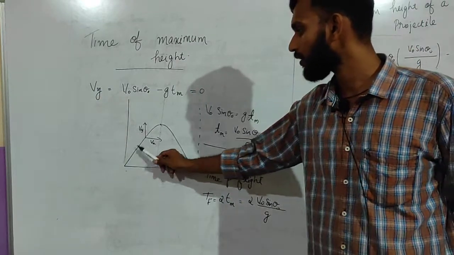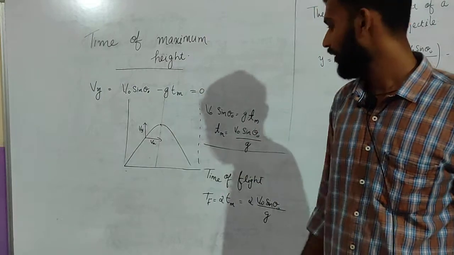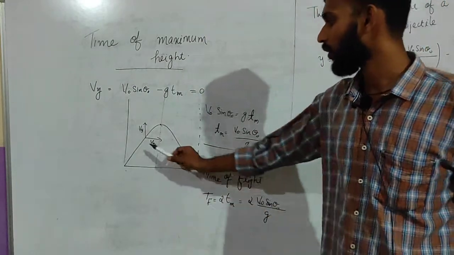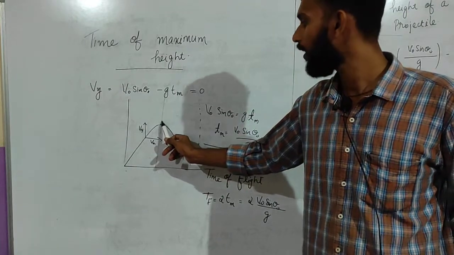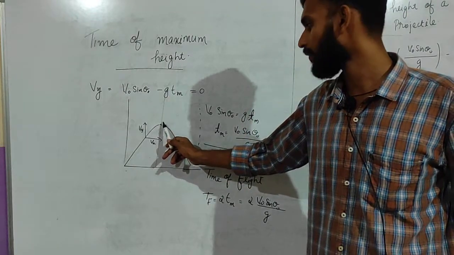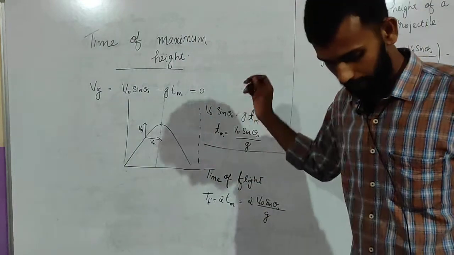The upward motion time, till the maximum height, is Tm, and that will be the same time required for the downward motion till the final point.